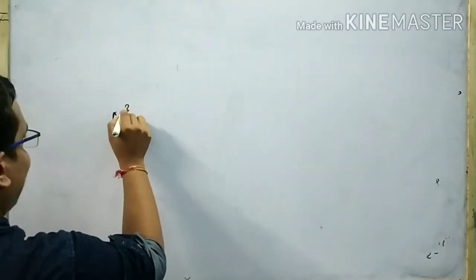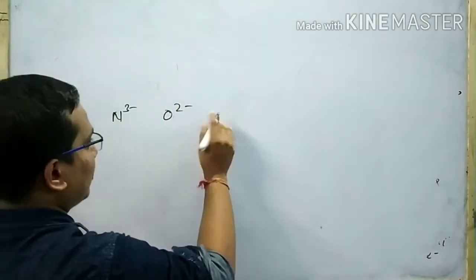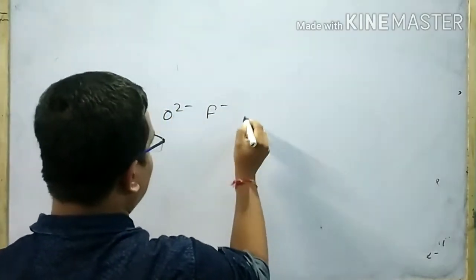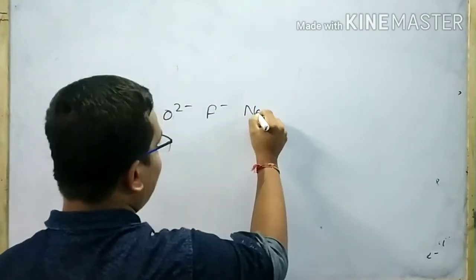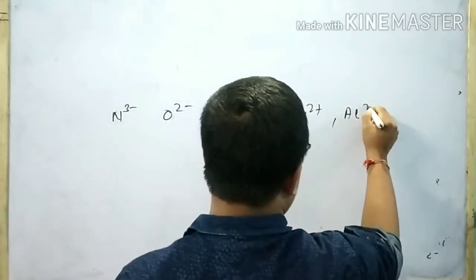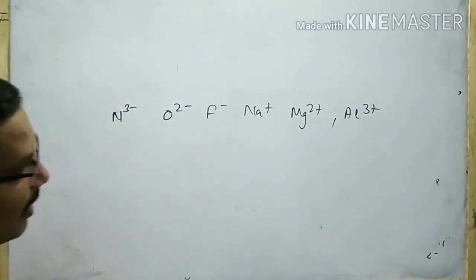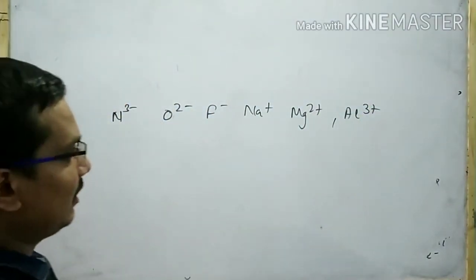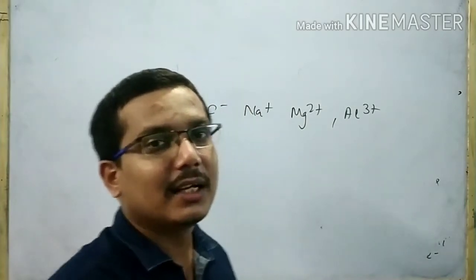Suppose I want to ask a question: N3 minus, O2 minus, F minus, Na plus, Mg2 plus, Al3 plus. Arrange the following according to the increasing or decreasing order of the radii.